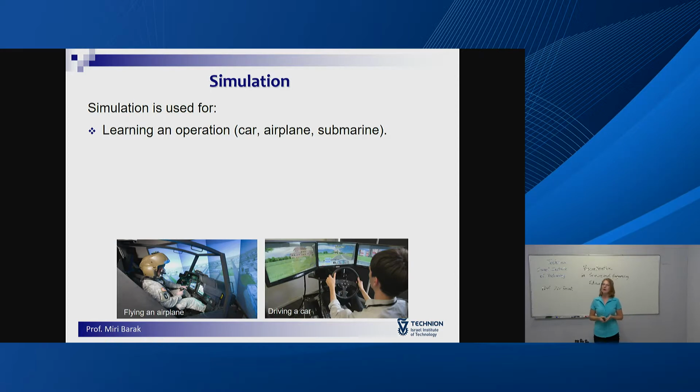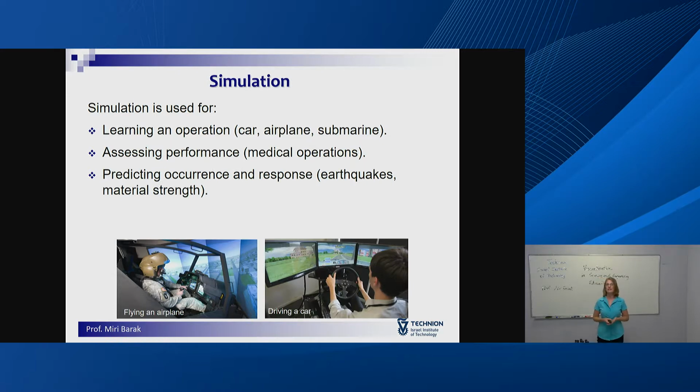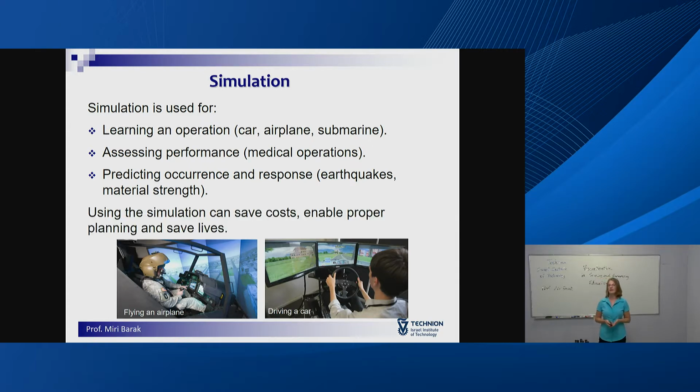And simulations now are used in order for learning how to operate things, such as these examples, assessing performance, such as simulations in medical operations, and in many cases, predicting occurrence and response, such as earthquakes or material strengths. So using simulations help us save costs, enable proper planning, and sometimes save life.